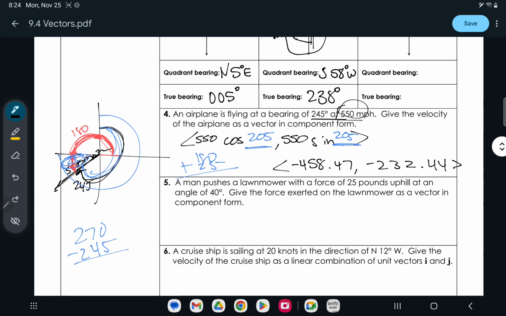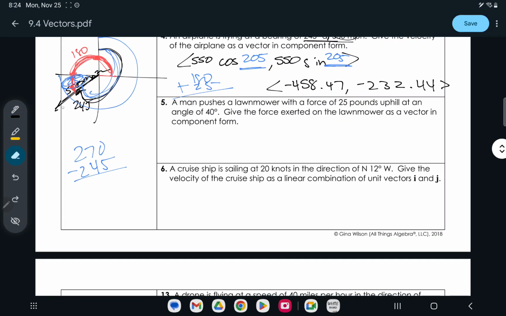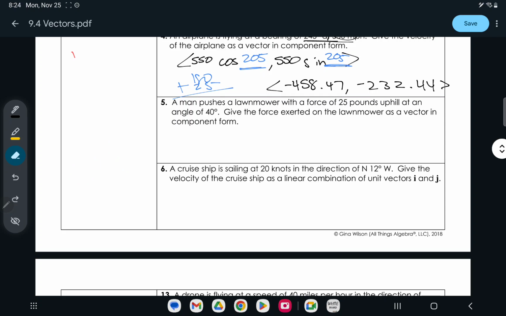All right. Let's look at another one. A man pushes a lawnmower with a force of 25 pounds uphill at an angle of 40 degrees. Give the force exerted on the lawnmower as a vector in component form. So again, that's going to be an r cosine theta, r sine theta kind of deal.